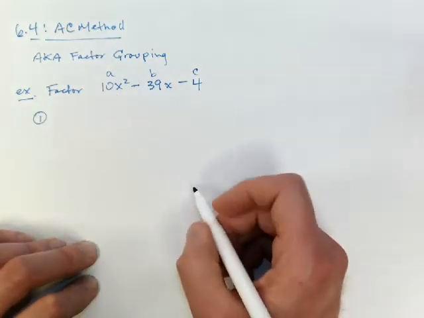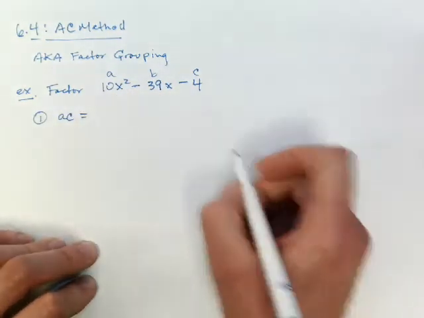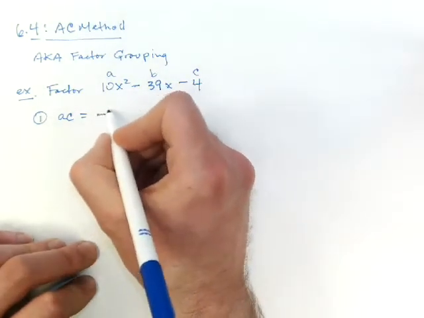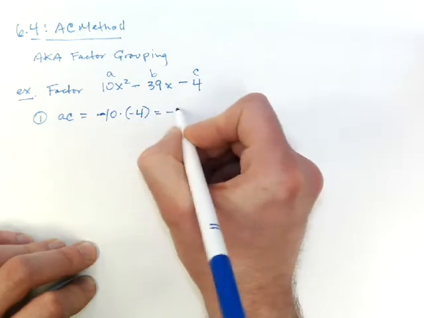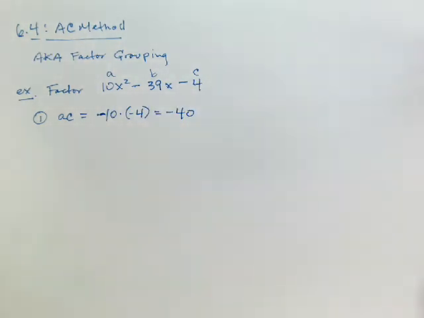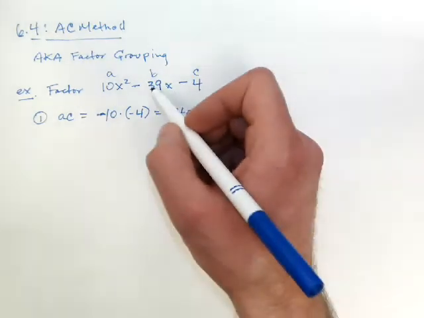It's called the AC method because we start out by taking A times C. So 10 times negative 4 gives us negative 40. And now what we can do is go through the factors of negative 40 that add up to negative 39.